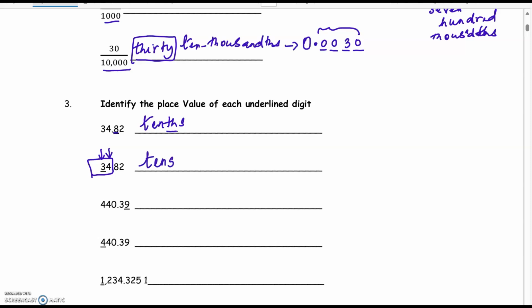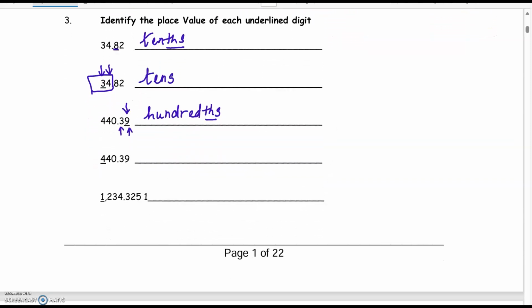Tens, not tenths, because it is in the whole number portion. Tenths comes in the decimal portion of the number. Now we have a 9 in the second decimal place value. So the first is tenths. The second is hundredths. Hundredths, because it is in the decimal part of the number.